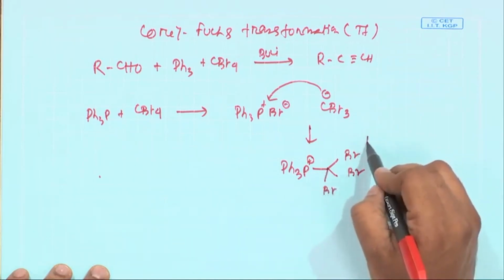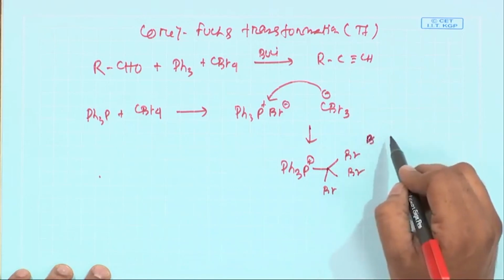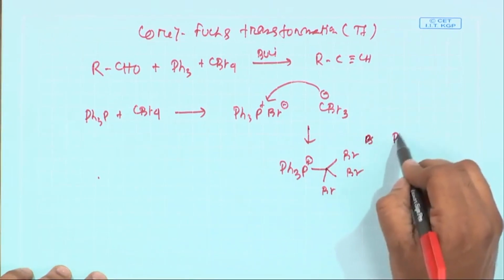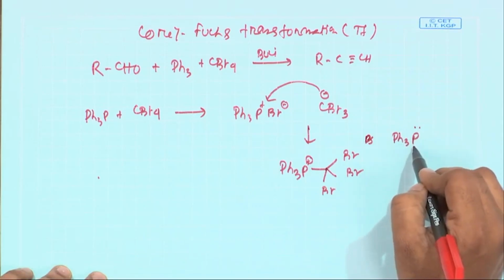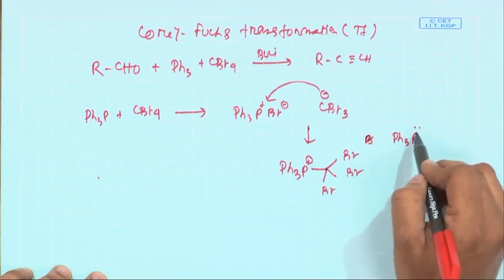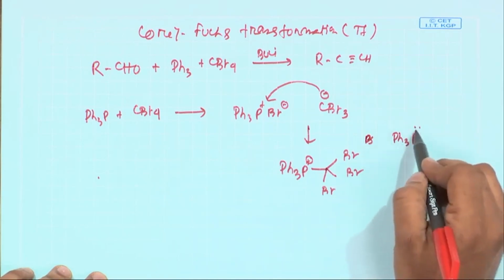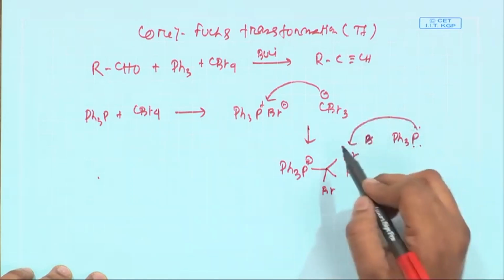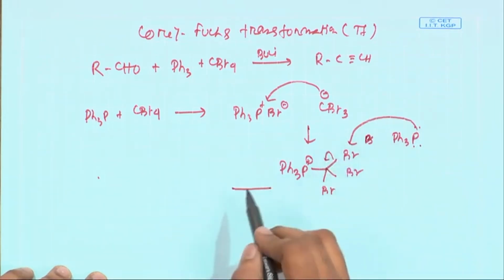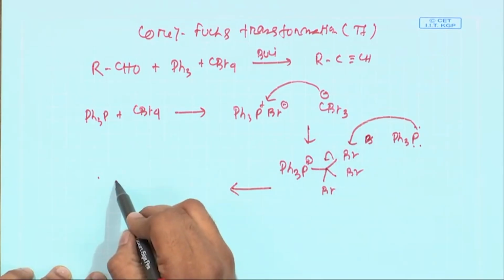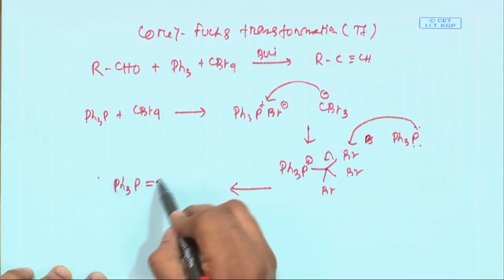Now, the remaining triphenyl phosphine attacks one of these bromines to give an intermediate which is formed like this.